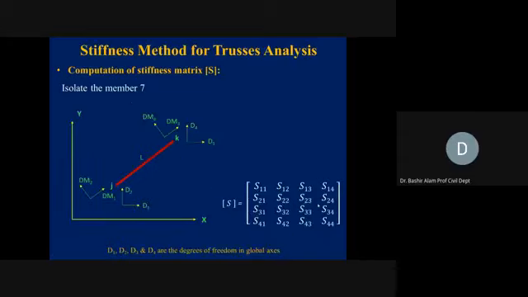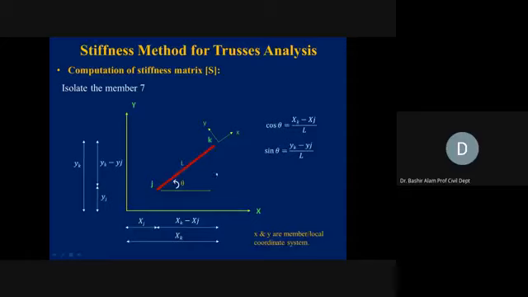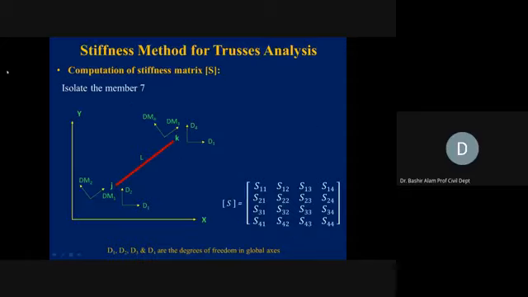Now here we see now displacements in the local coordinate system and displacements in the global coordinate system. At joint J, this D1 and D2, which are in the direction of X, and this global Y, these are the displacements in the global coordinate system, D1, D2. And similarly, D3 and D4.